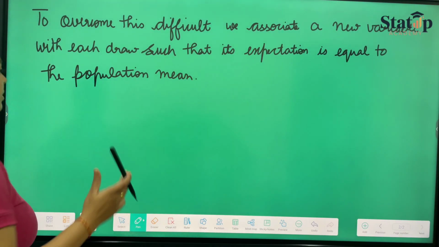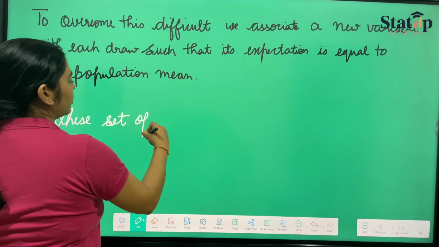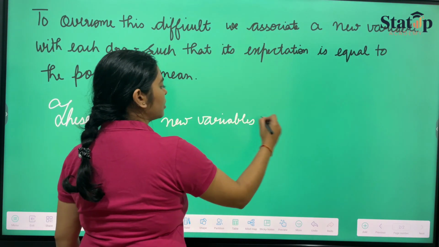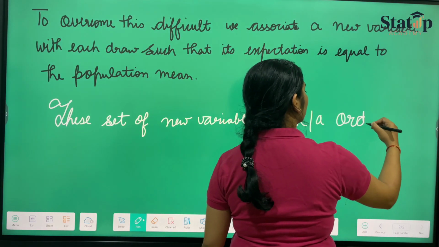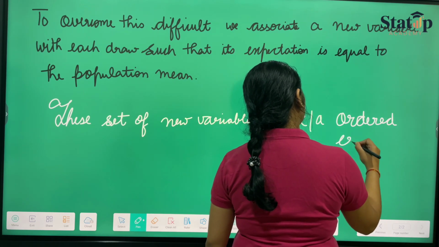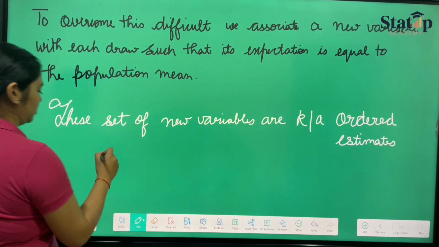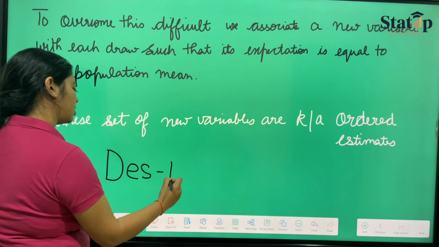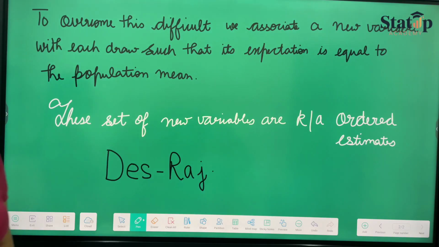So this set of new variables are known as ordered estimates, and this method was founded by Desraj, and hence the method is known as Desraj method, Desraj ordered estimates.